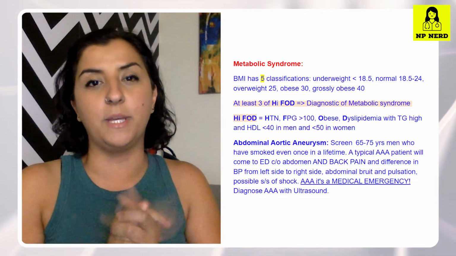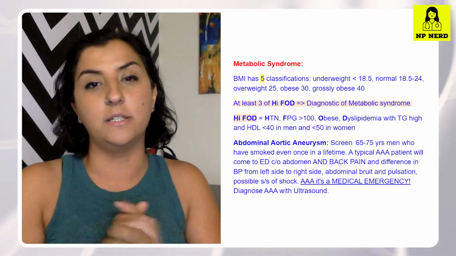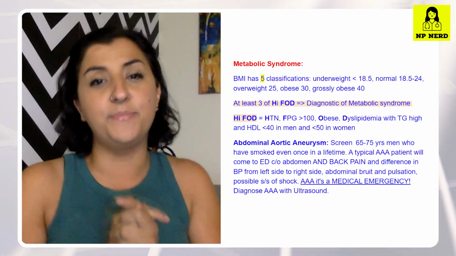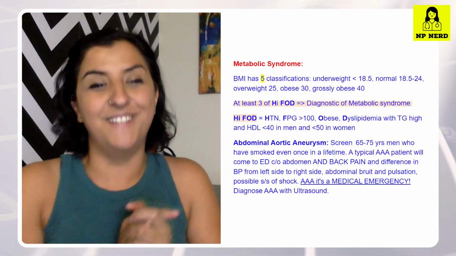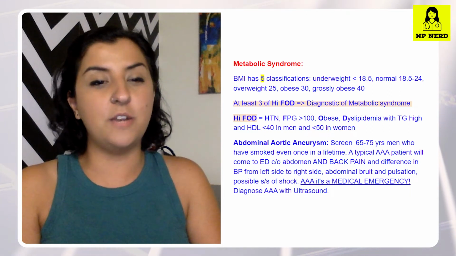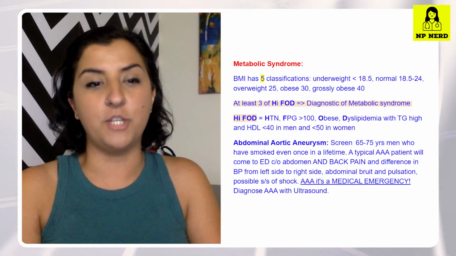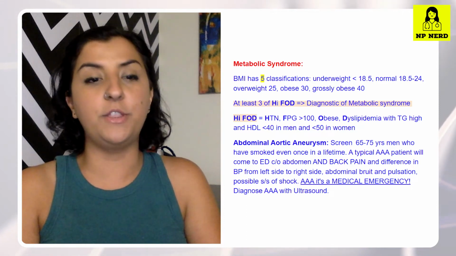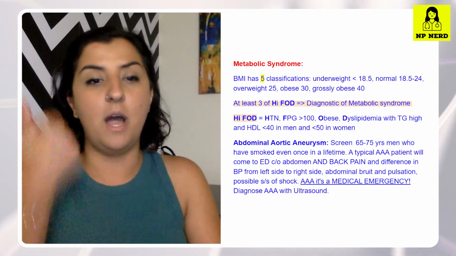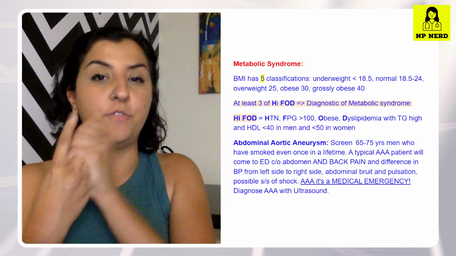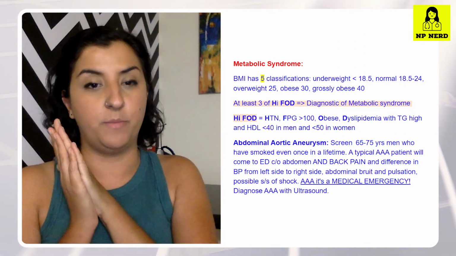It's just there to make it into a mnemonic. Okay, don't worry about the I. So these are your criteria for diagnosing your patient with metabolic syndrome, and you need 3 of these. Remember high FOD, that's 4. So you need 3 of them in order to diagnose your patient with metabolic syndrome.